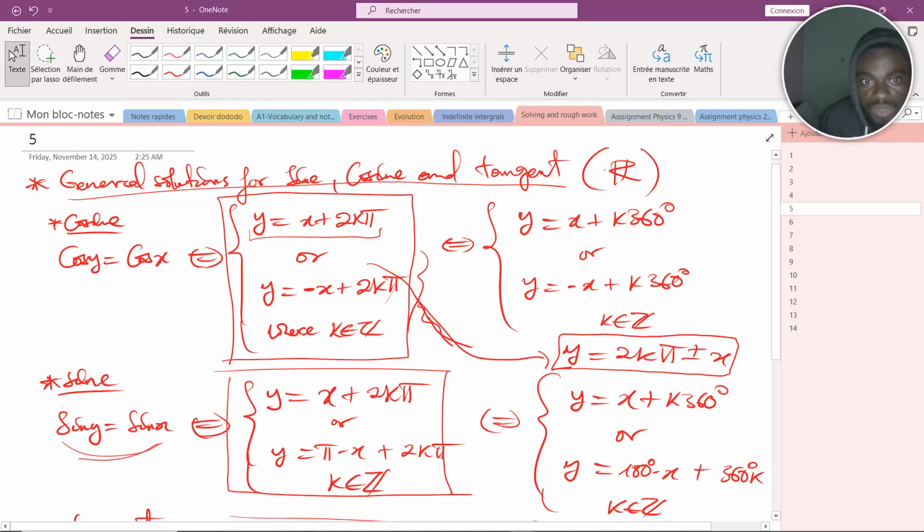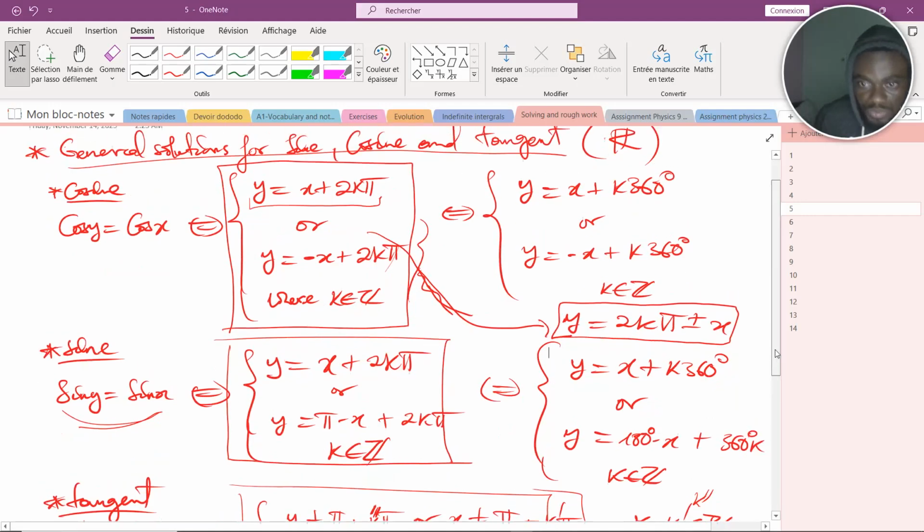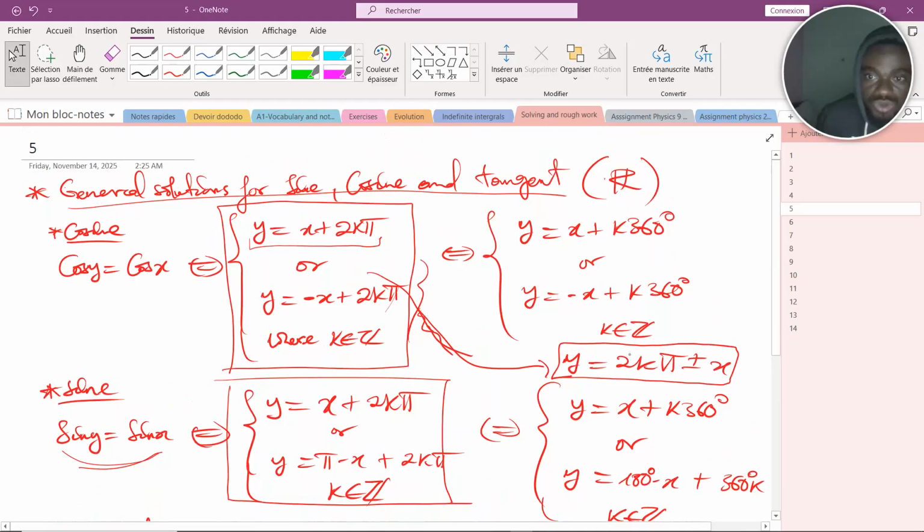So these two can be combined in such a way that we have plus or minus here. Is that okay? When you break this down, you either have this or this. But for this one, there is no possibility of breaking, so you have to use these other ones. So when you are using the general solution, of course, you can also state it like this. Is that okay? Why I'm precising your k belongs to what? The set of integers. So don't forget that.